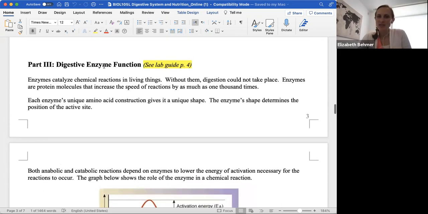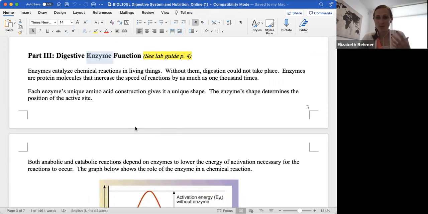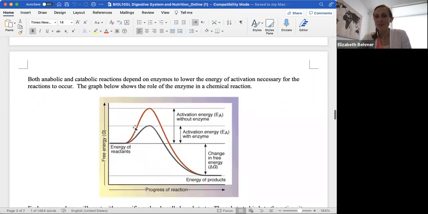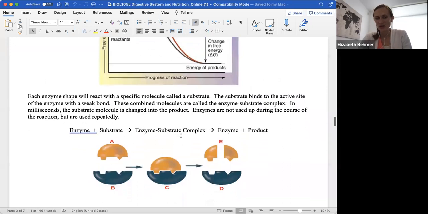And enzymes are really important in the digestive system because they help catalyze reactions. They're especially important because they help these reactions of digestion go much faster. Specifically, enzymes lower the activation energy. So what that means is they just make it easier for a chemical reaction to occur.